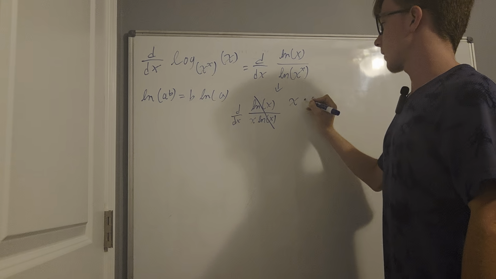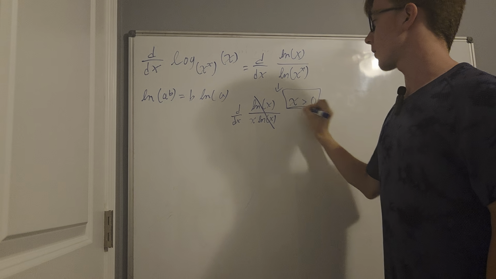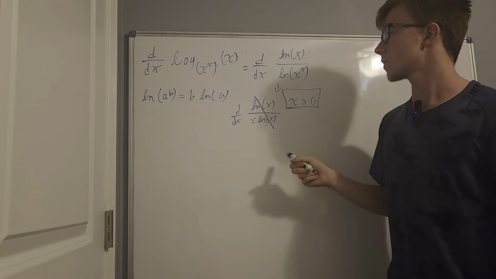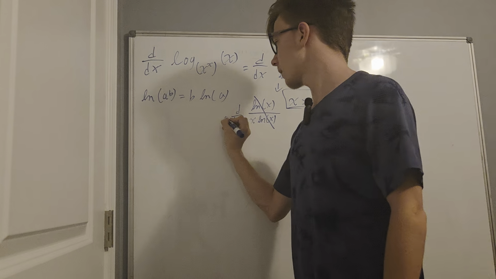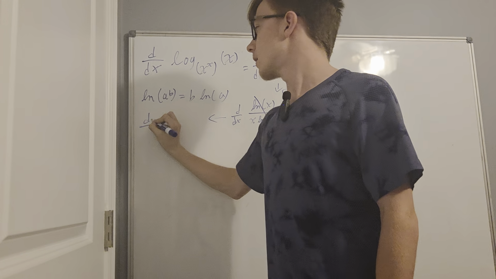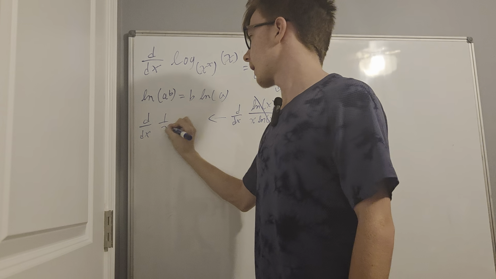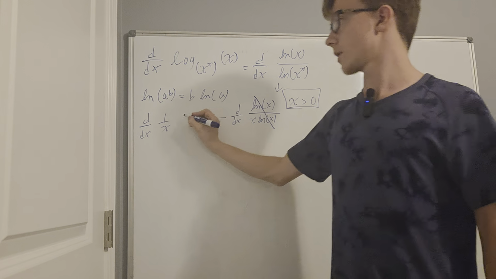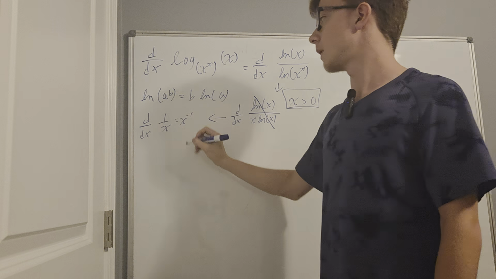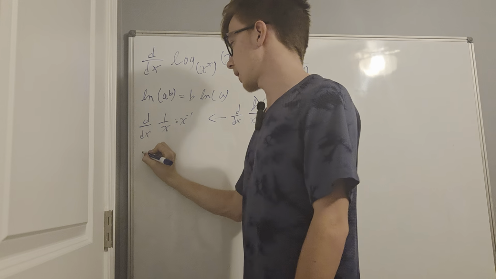So I'm going to write it this way. x just has to be greater than or equal to 0. Okay, so now this is going to become, it's a little all over the place, the derivative with respect to x of 1 over x, which is just the power rule. So now I'm just going to apply the power rule.